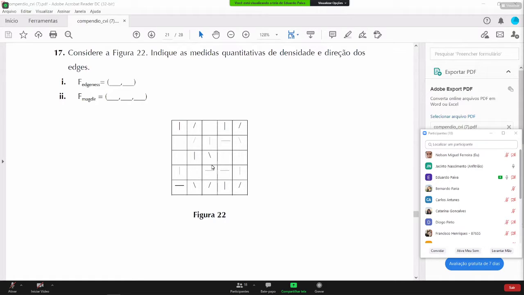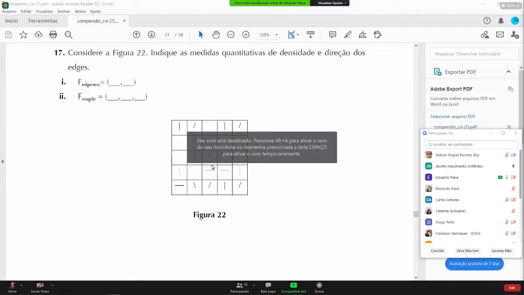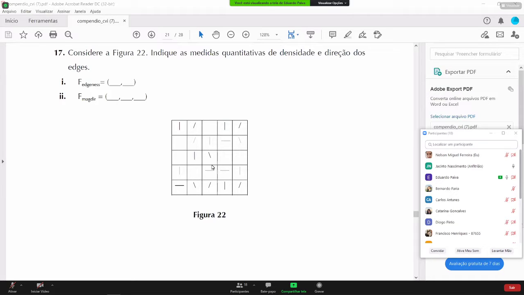Regarding the strong edginess and weak edginess, what do you want to say about that? I would say that we have 11 strong edges and 8 weak ones. Concerning the orientation, horizontal, vertical, and diagonal, we have 4 horizontal edges, 7 vertical ones, and 8 diagonal edges.